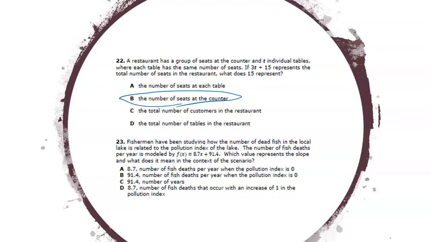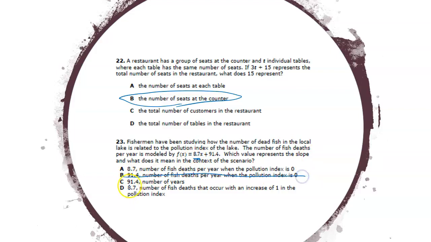23. Fishermen have been studying how the number of dead fish in the local lake is related to the pollution index of the lake. The number of fish deaths per year is modeled by f of x equals 8.7x plus 91.4. Which value represents the slope, and what does it mean in the context of the scenario? 8.7 is my slope.